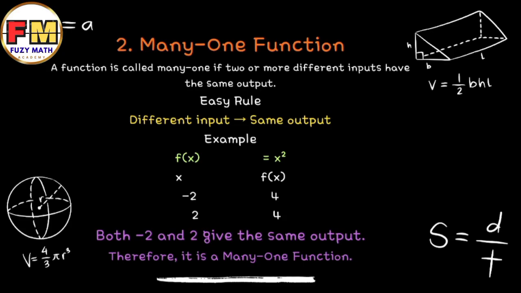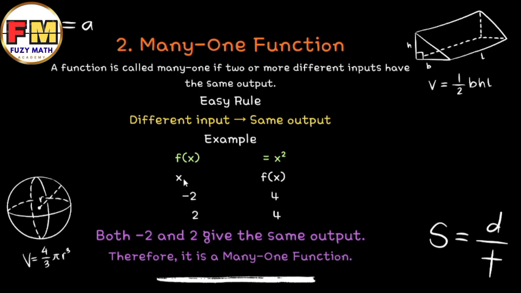Second, many-one function. A function is called many-one if two or more different inputs have the same output. Easy rule: different input, same output. Example: f(x) is equal to x square. We will draw a table for x and f(x).